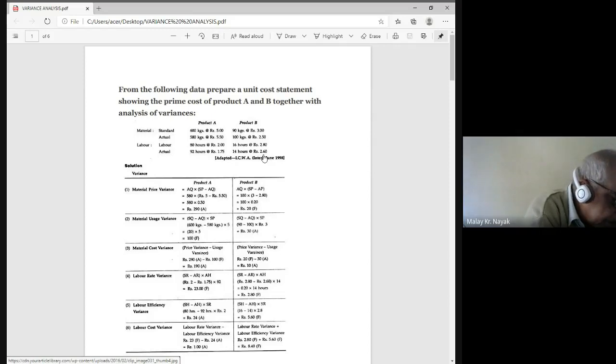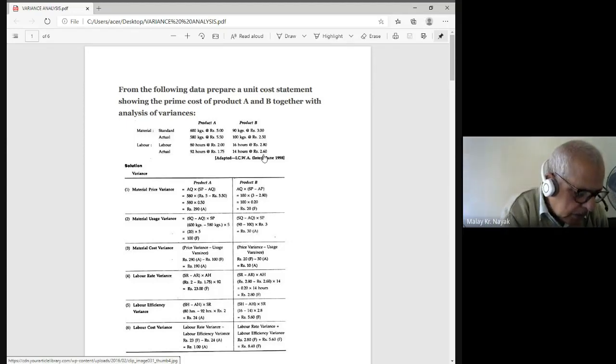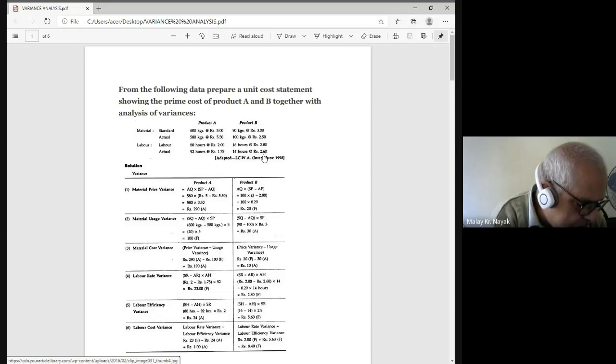Labor rate variance equals actual hours into AR minus SR. Actual hours is 14, into AR 2.60 minus SR 2.80.